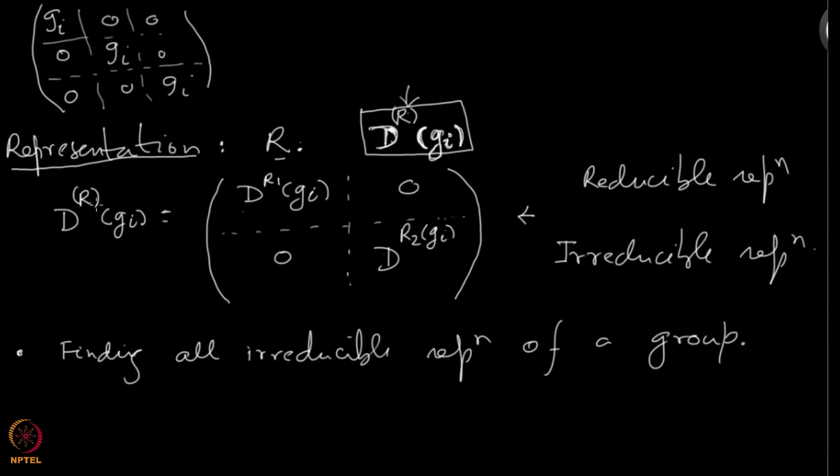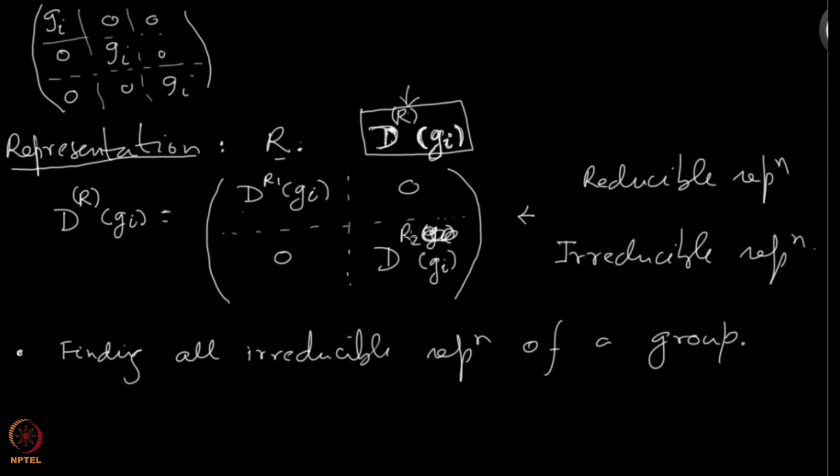If I look at a representation R, and the elements Gi and their corresponding matrices, then it could be in this form, where you have the matrix in representation R1 put in one block, then you have these null matrices here, and then you have the element Gi, but in representation R2, where R1 is different from R2.